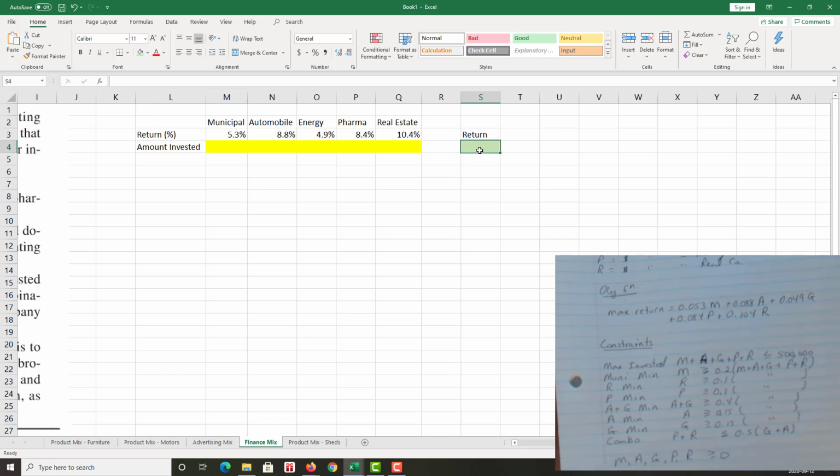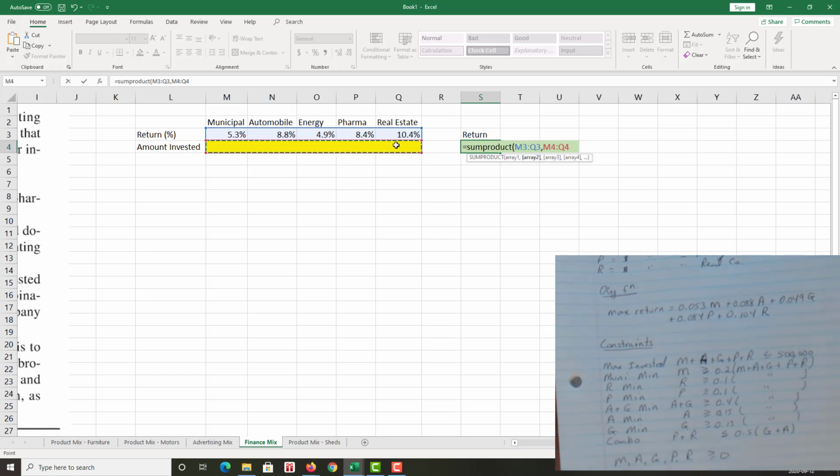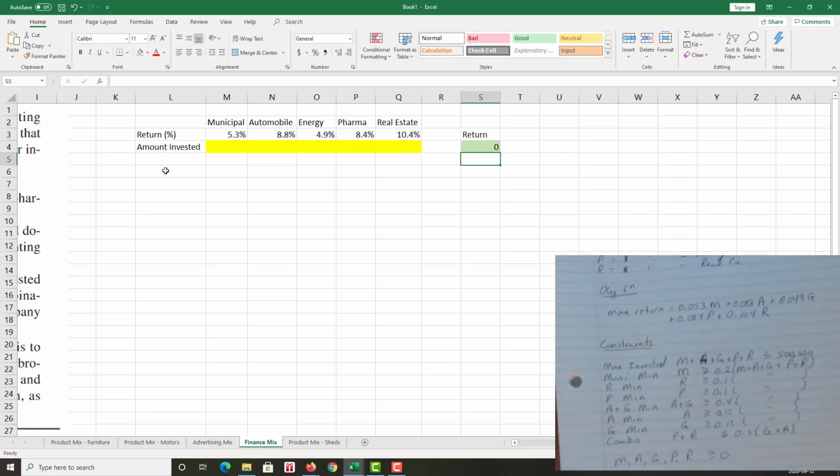And we remember from the past that return is calculated by using the SUMPRODUCT function in Excel. So SUMPRODUCT, and we highlight the coefficients, comma, highlight the values of the decision variables, close the bracket, and then whenever we're ready, we click enter. Objective function, all set out.